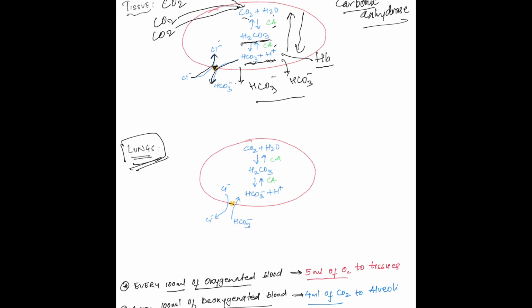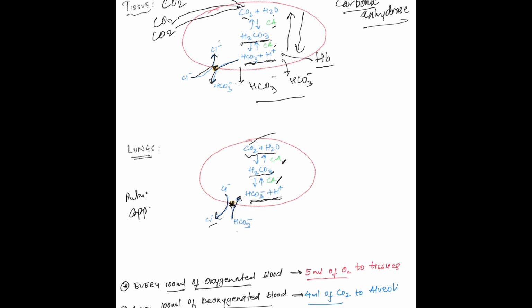So the ion channel, which is the bicarbonate chloride exchanger, starts working again. But now it is pumping bicarbonate inside the RBCs and chloride out of the RBCs. The enzyme carbonic anhydrase now works in reverse direction. It converts hydrogen ion and bicarbonate to carbonic acid and then converts carbonic acid to carbon dioxide and water.